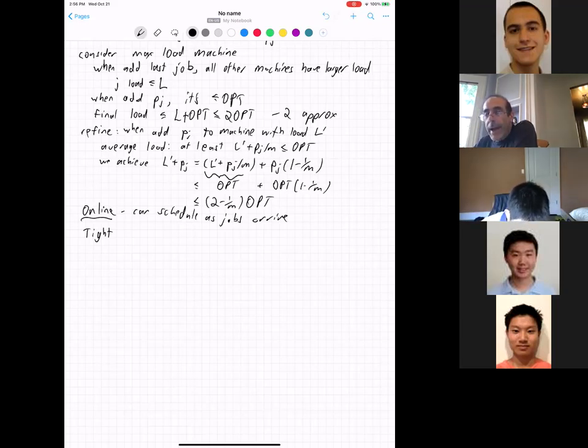So if we think about how we analyze this algorithm, the reason we ended up with 2 minus 1 over m is that we added 2 copies of the optimum. We got 1 copy of the optimum from the average load and 1 copy of the optimum from the max load.